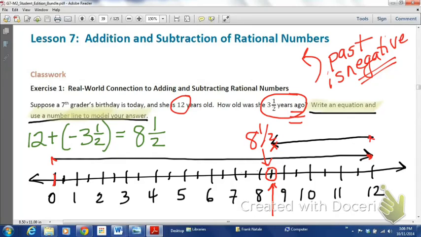And then in my equation over here, 12, because that's the age she was presently, and then again staying true to this idea of sums, plus a negative 3.5, and that of course equals 8.5. Again, really helpful to do these number lines, and in this case you were asked to write an equation and use a number line to model your answer. That needs to be done when it is required.